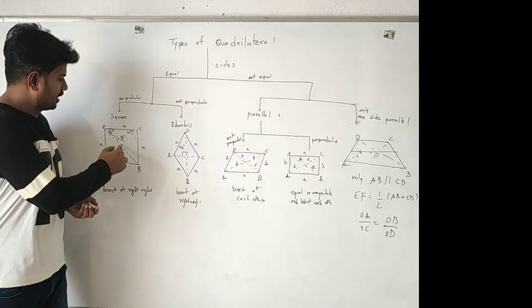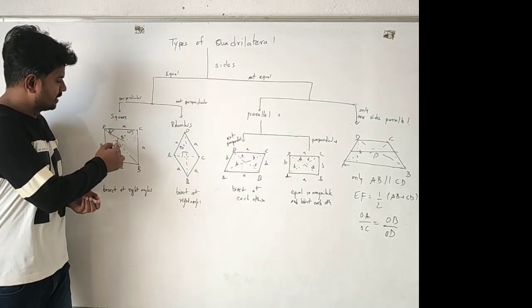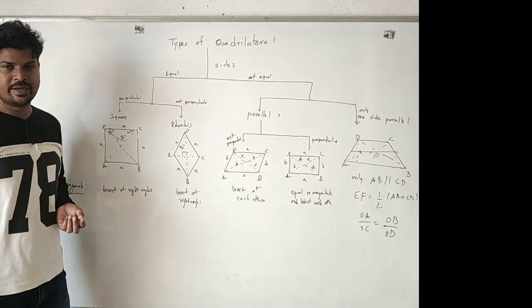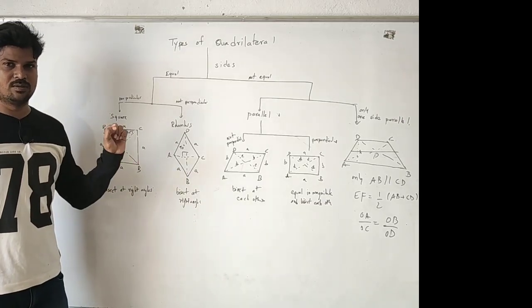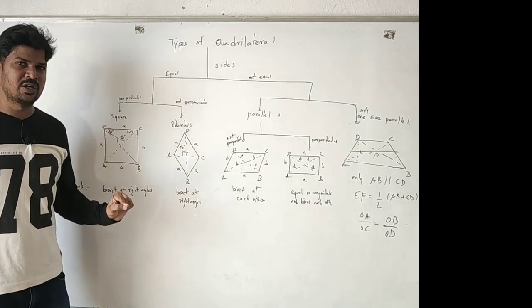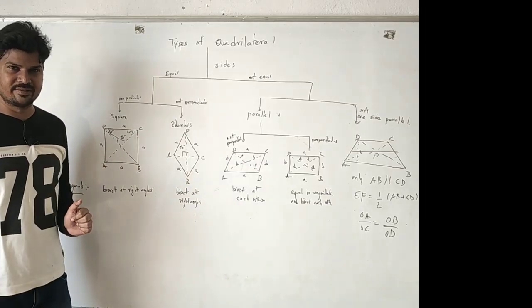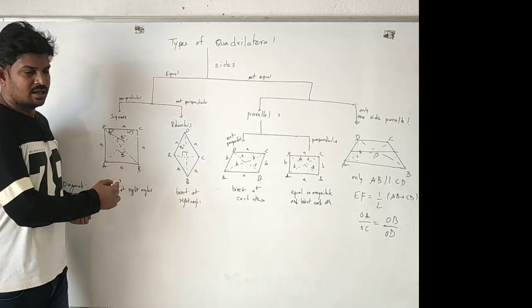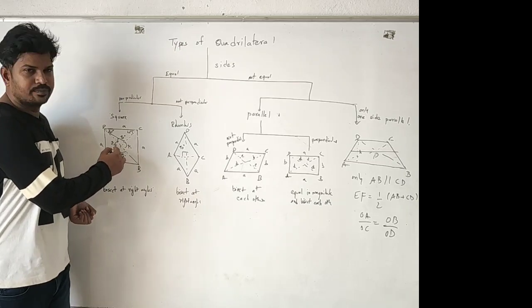So these 2 diagonals make 90 degrees here. This is possible when all sides are equal. When all sides are not equal, making 90 degrees at the point of bisection is not possible. Clear? As here it is 90, here it is 90 again. As these 2 are 90, this is also 90, this is also 90.